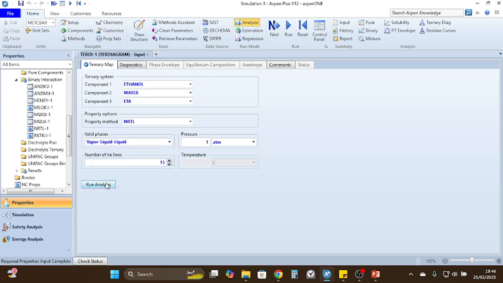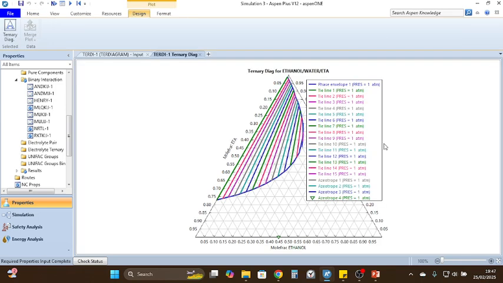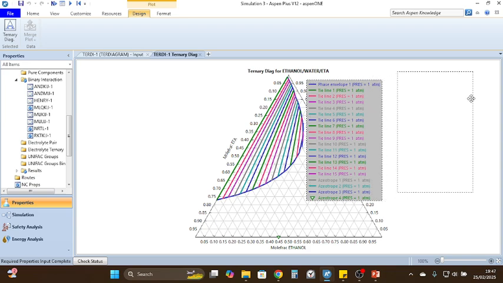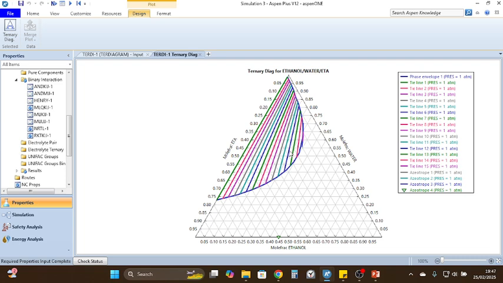Now we are going to run the analysis. Over here you are going to get all the details of the tie lines. That is, there are a total of 15 tie lines and a total of 4 azeotropes.